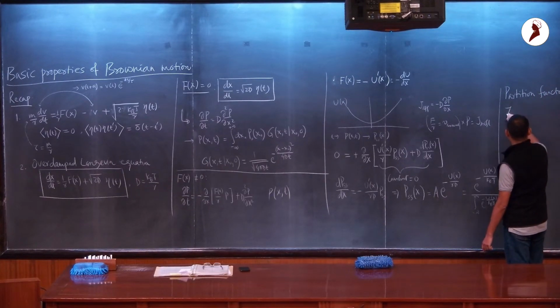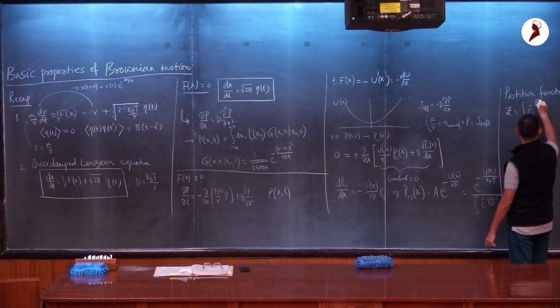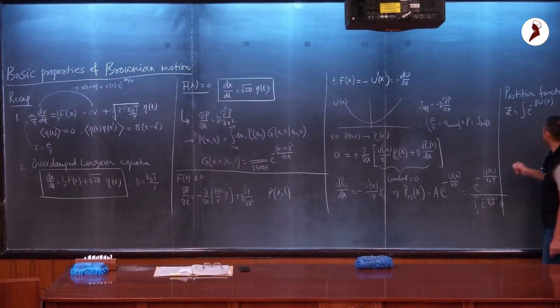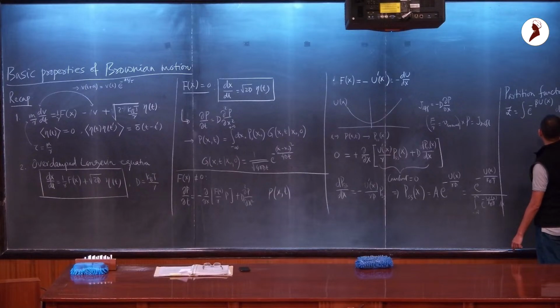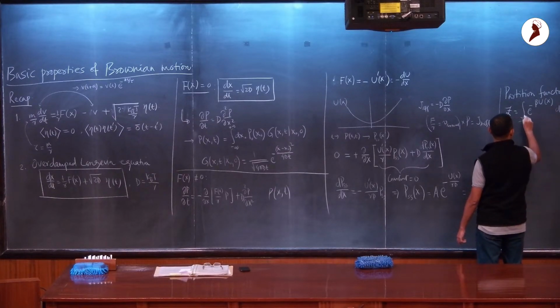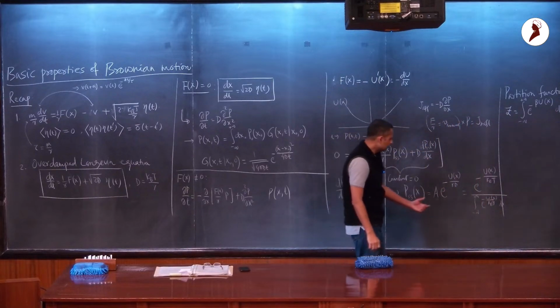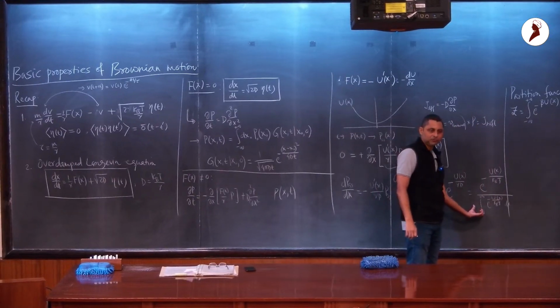So what is the partition function I have? I have this integral of exponential of minus beta U of x, where beta is 1 over k_B T, dx, from minus infinity to plus infinity. If there is a stationary state, I need this to converge.